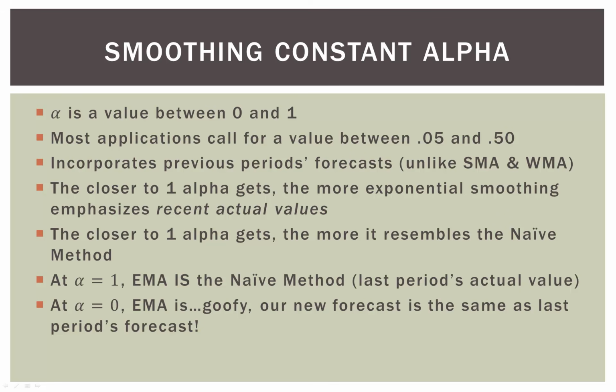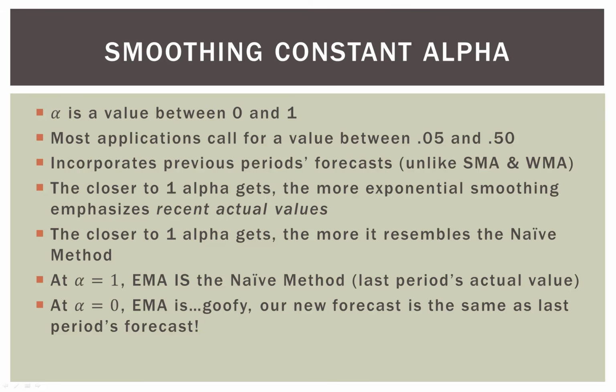Now think about that. Why would we do that? That doesn't incorporate the actual data point from last year. So you can see that at these extremes, 1 and 0, the EMA doesn't really do us a whole lot of good. At 1, it's the same thing as the naive method, which is last year's enrollment. We just use that. At alpha equals 0, the EMA is last year's forecast, and we would just use that.